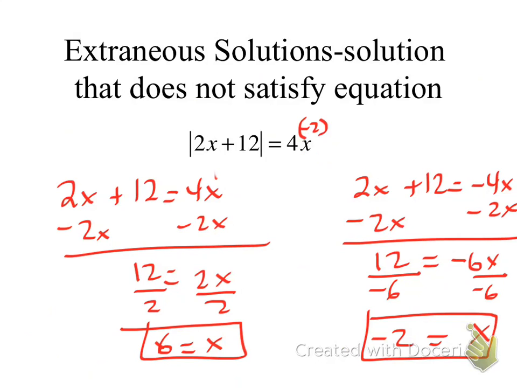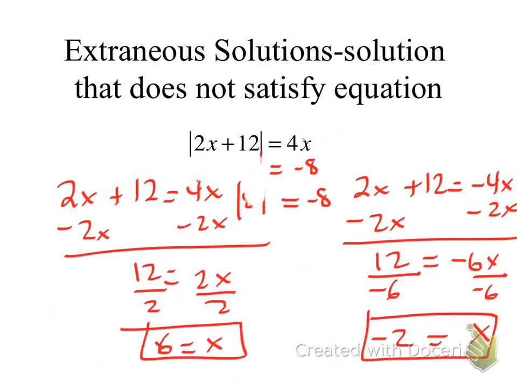Doesn't that become -8 is equal to 2 times -2 plus 12. That's -4, +12 is 8. Is 8 equal to -8? No. And you can tell right here.